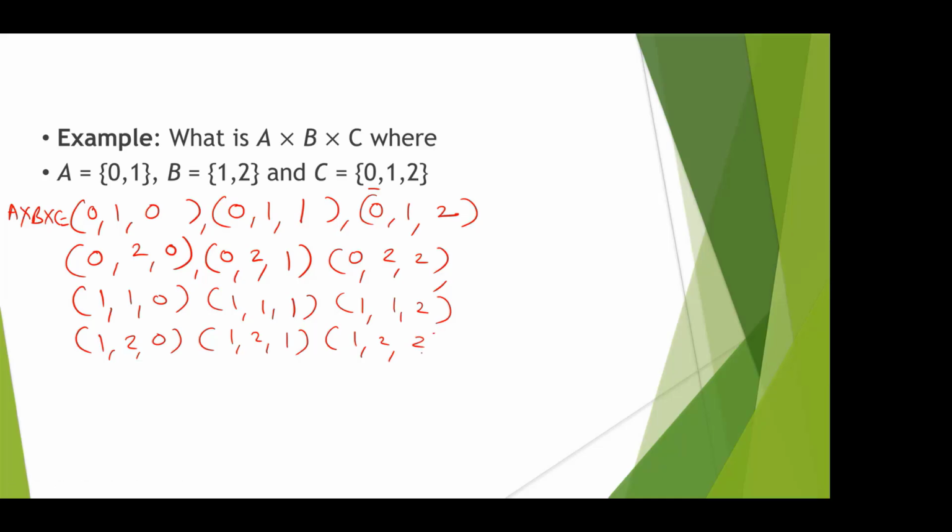So those are all possible elements from the Cartesian product of A, B, C. And we saw that here there are 2 multiplied by 2 multiplied by 3, so it should be 12 possible values.